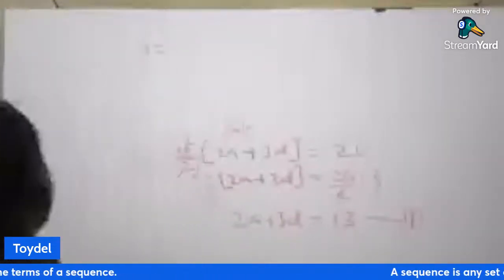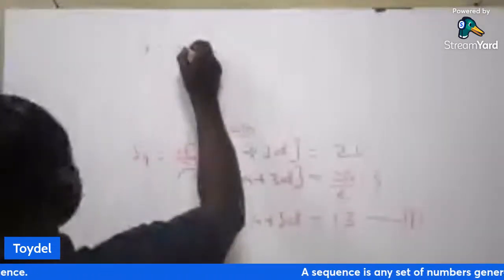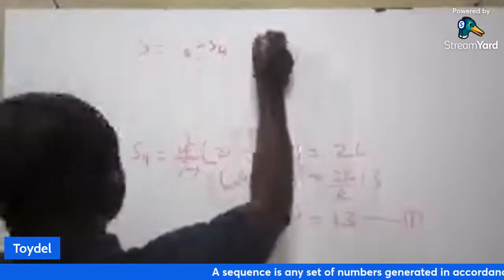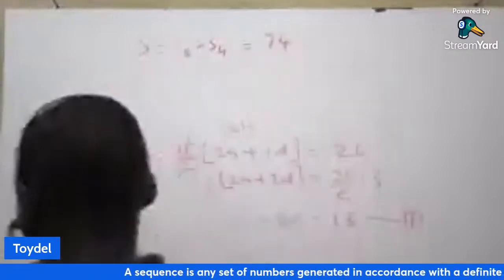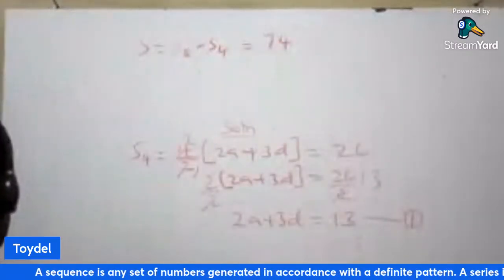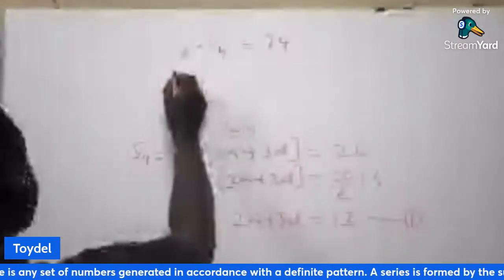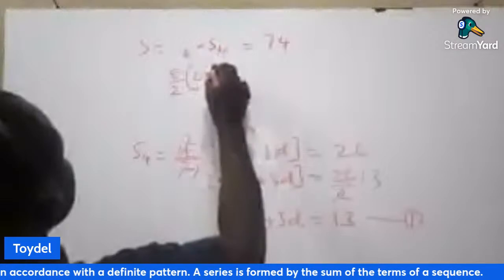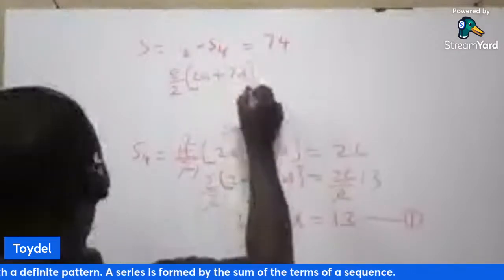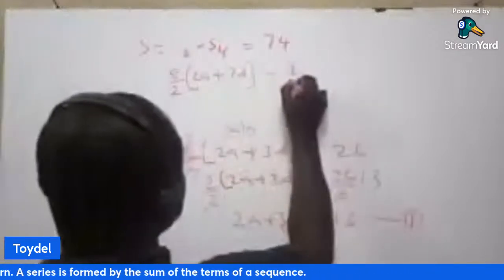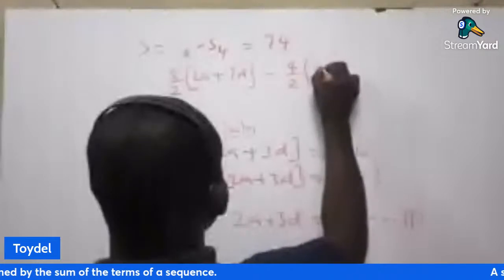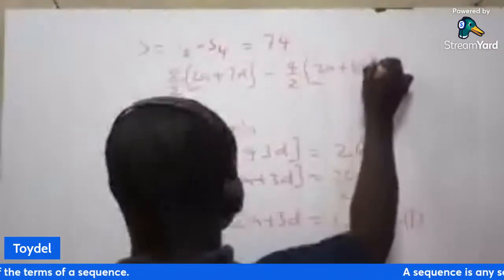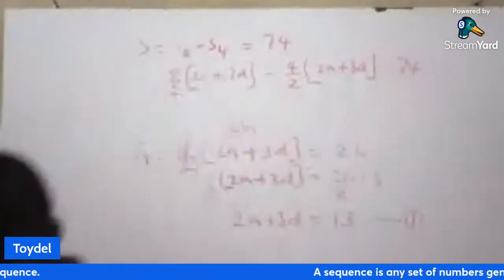That is, we have S8 minus S4 to be equal to 74. Then what do I have here? S8 will be 8 all over 2 into bracket 2a plus 7d, minus 4 all over 2 into bracket 2a plus 3d is equal to 74. That's how we interpret that.